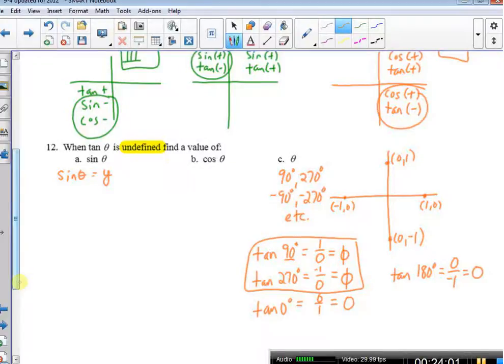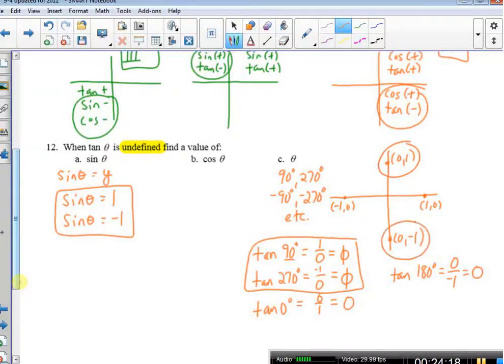So sine theta equals 1, or sine theta equals negative 1, and that means that tangent's undefined. Now, if you look at the x coordinate at 90 and 270, they're both 0. So the cosine of theta would have to be 0 for tangent to be undefined.